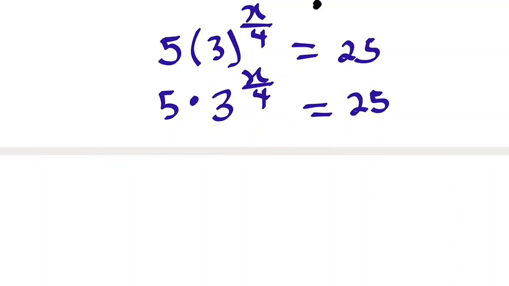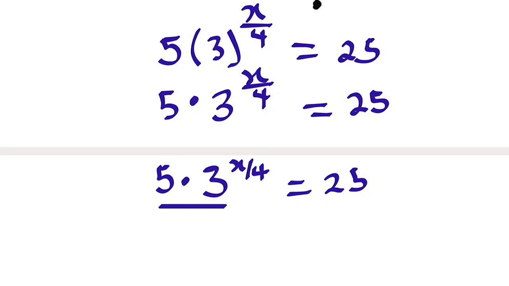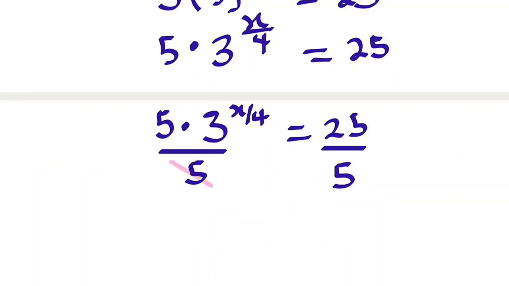So I divide both sides by 5, and this cancels. Then we're going to have 3 to the power of x over 4 equals, now 25 divided by 5 will give us 5.